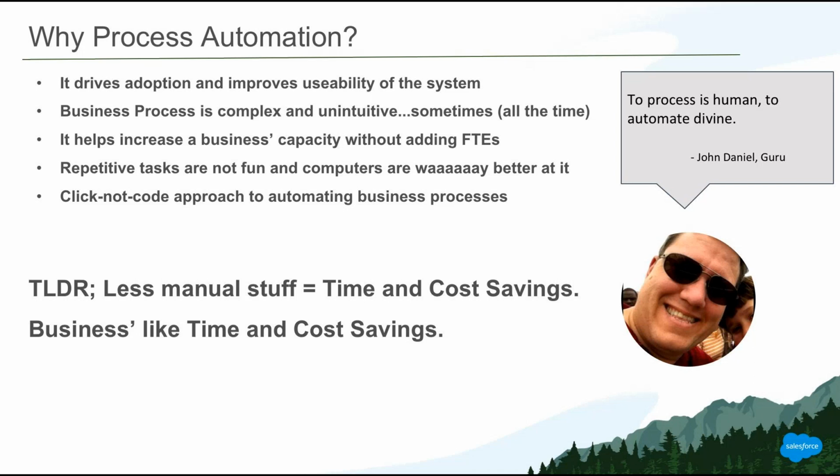But we really need to understand, in order for us to be good stewards with the system, doing things appropriately, why are we automating processes, right? We're not just doing it because it's fun, although it can be fun, and we're not just doing it because we want to do things in the system. We want to identify root business problems and solve them through automation.